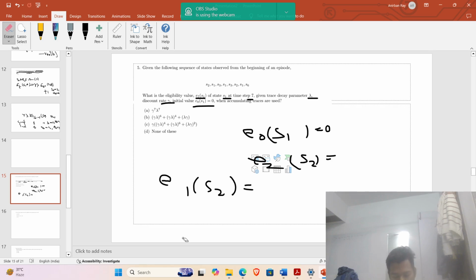You get to the desirable state, right? S2 is the one desirable state here, and so it becomes gamma lambda times, previously it was 0, so that will become 1 only.